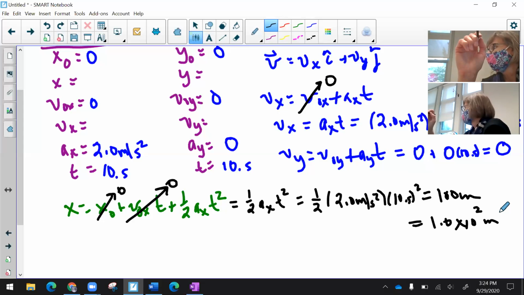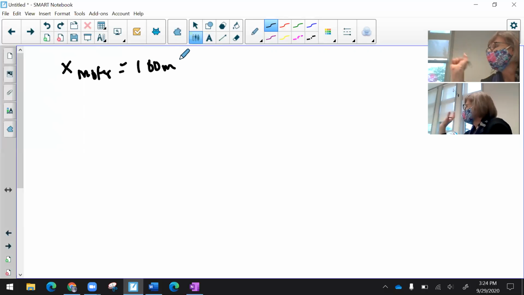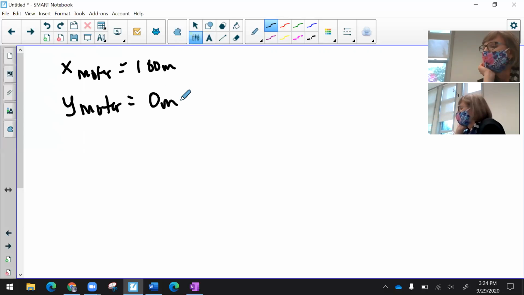Okay, everybody got what they need? All right, so I know that X from the motor is that 100 meters. It's an intermediate answer, so I'm going to keep that extra digit around. What's Y from the motor going to be? 0. Okay.